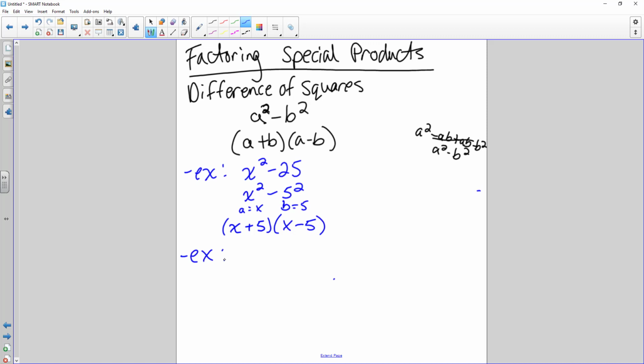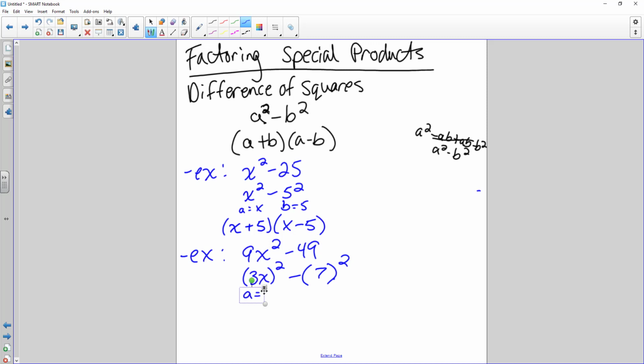Okay, how about 9x squared minus 49? So now I have a number in front of the x squared, so sometimes it helps to use parentheses. Something squared minus something squared. In the first set of parentheses, that should be 3x. 3x squared is 9x squared. 7 squared is 49.